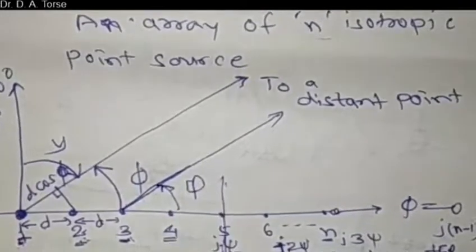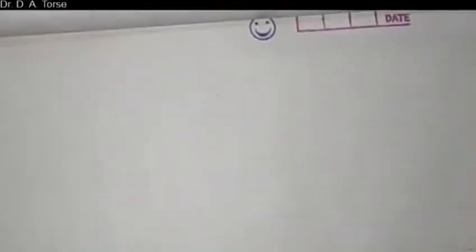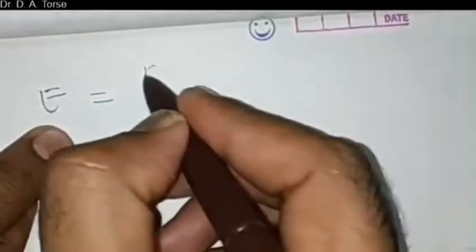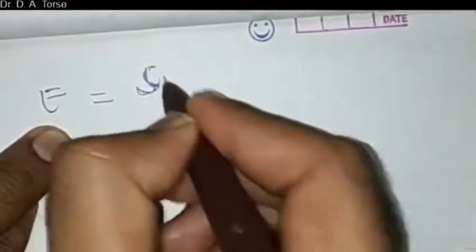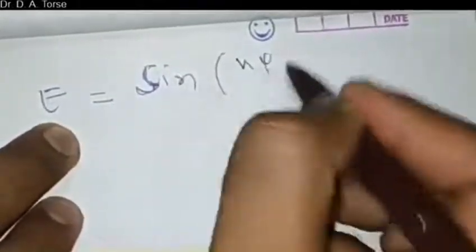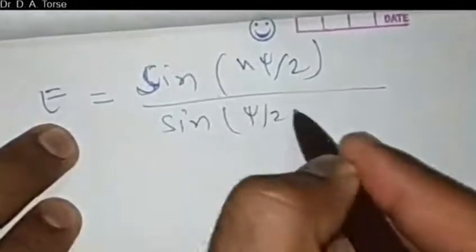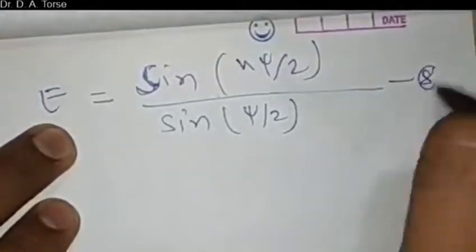So in this case, if we refer phase to the center of the array, then equation number 7 modifies and it becomes E is equal to sine n psi by 2 divided by sine psi by 2. So this is our new equation 8.